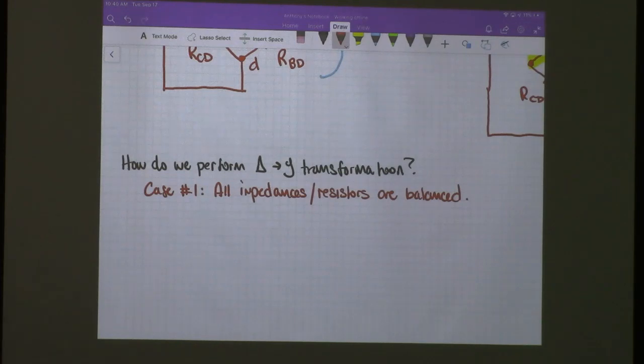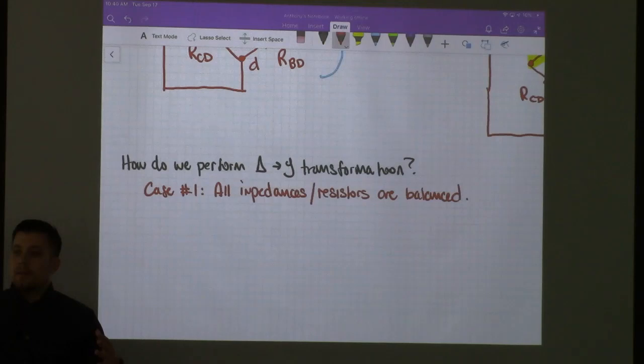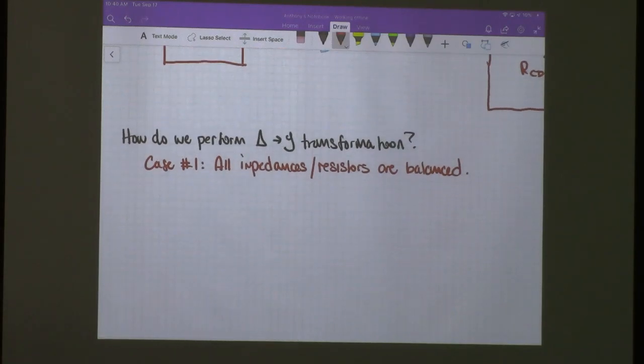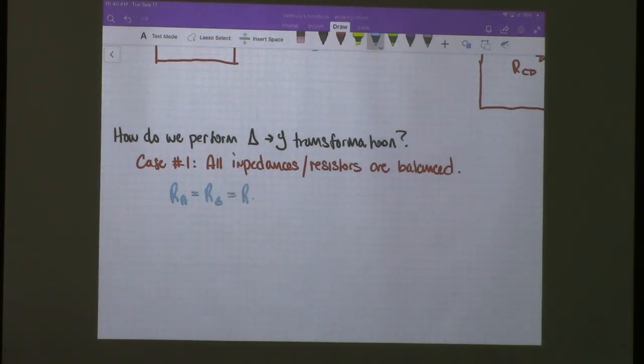So in the case where all of the resistors are the same value, meaning that RA is the same as RB is the same as RC, we can use this form here. So RA equals RB equals RC, and we can just call that simply RY, or the resistance for the Y configuration.